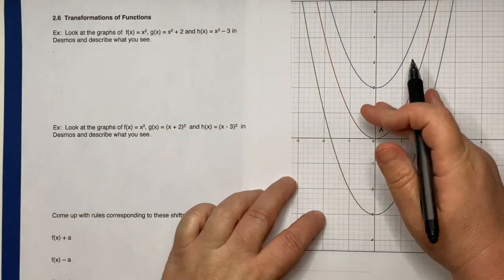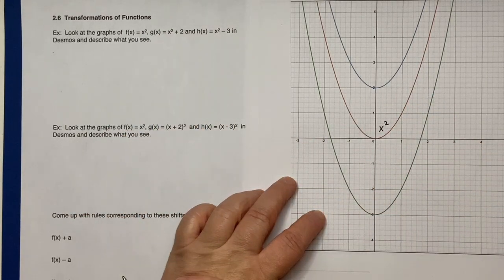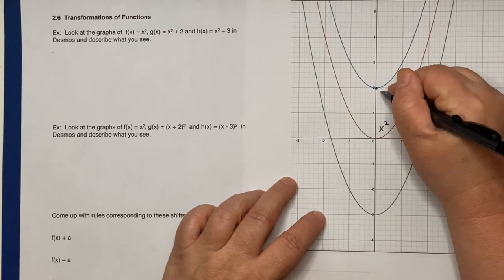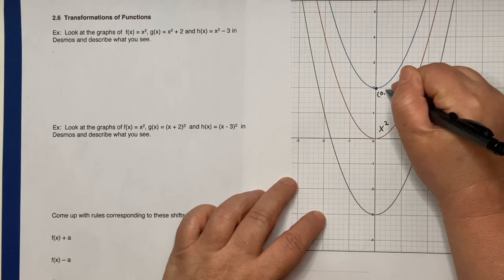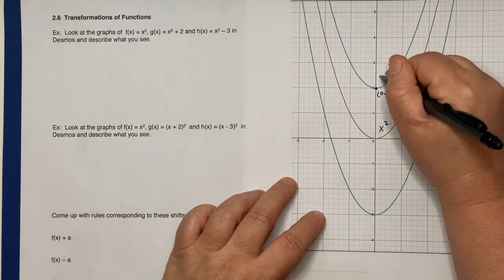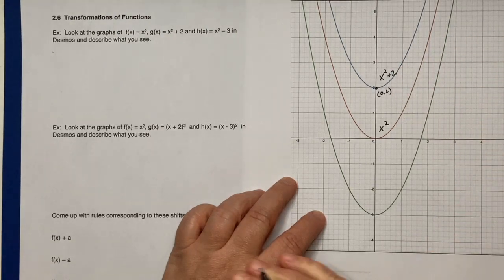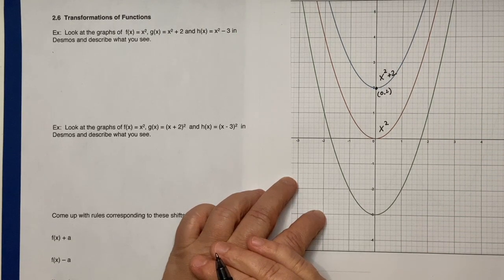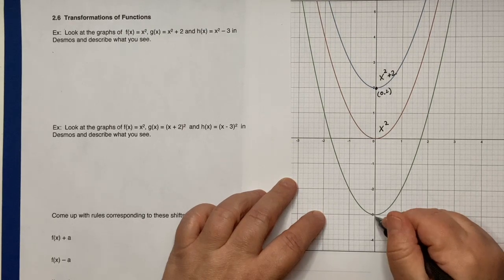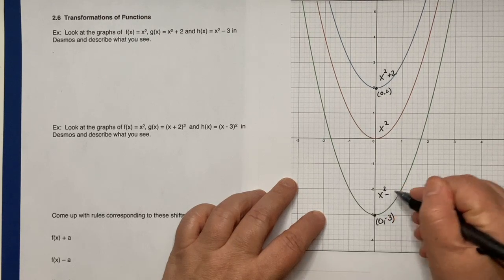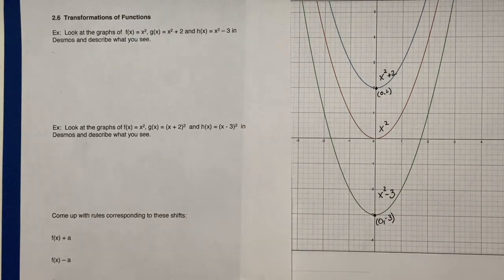And now we could take a look at the two other graphs, and hopefully I could convince you that since this point is the point (0, 2), this is a strong candidate for x squared plus 2. And in fact, that it is x squared plus 2. And then because this point right here is (0, negative 3), this is a strong candidate for x squared minus 3.